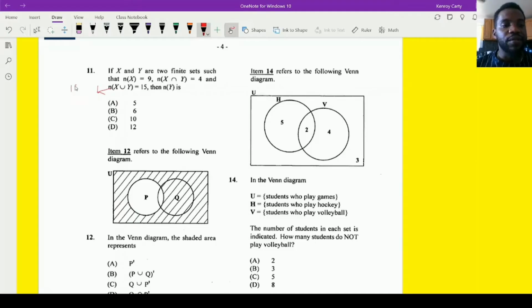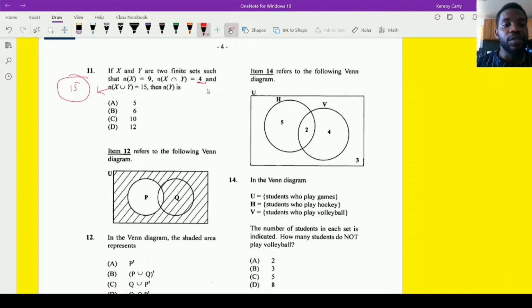That is what the union tells you, 15. Good. Now the intersection tells you how much is common between the two sets. So the intersection is telling us that 4 is common. You have 4 things that are common between the two sets. So the first set has 9. The second set, well, the intersection, what is common is 4.